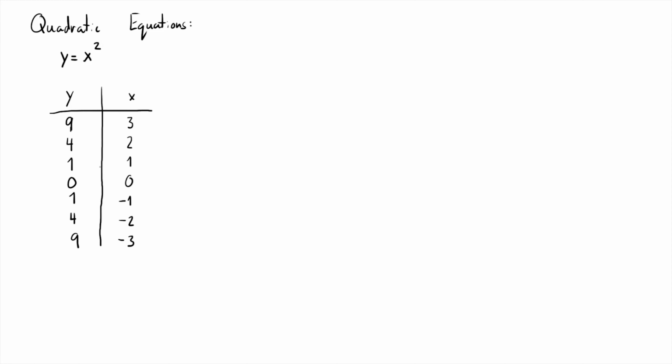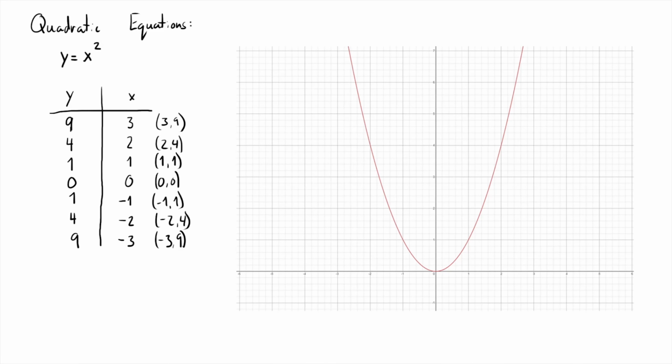So if we were to take these points here, so in this case 3 comma 9 and 2 comma 4, and so on and so forth, 1 1, our origin 0 0, and -1 1, and -2 4, and -3 9. If we were to take these points and graph them on a piece of graph paper, then this is what we would get. This is what our equation would look like.